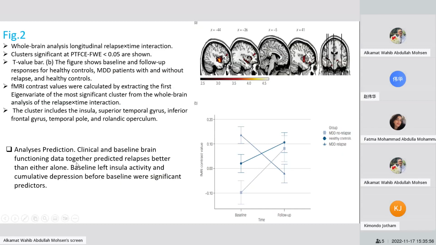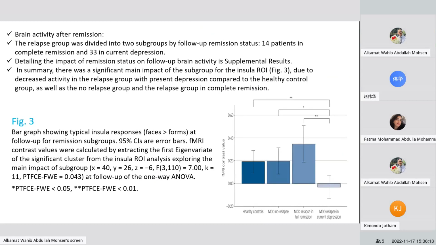The analysis shows that combining clinical and baseline brain function data together predicted replace better than either alone. Baseline, the left. So the brain activity after remission.